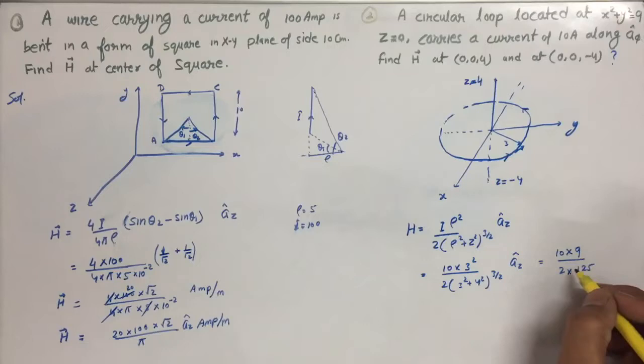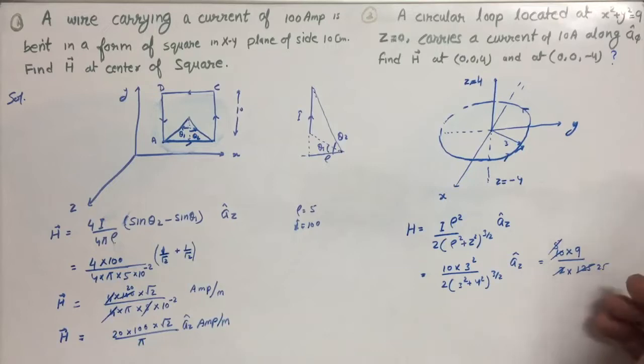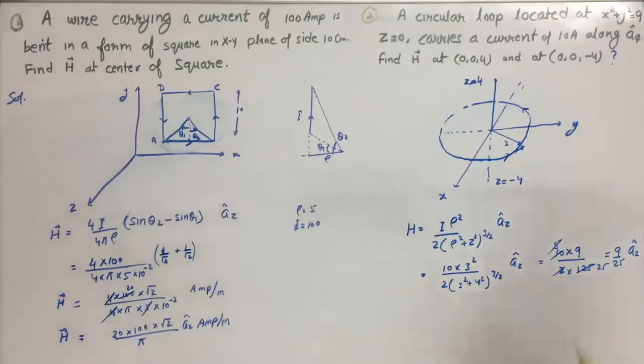So we can cancel: 2, 5, 5, 25, 9 by 25. The final value will be 9 by 25 in the direction of AZ at this point.